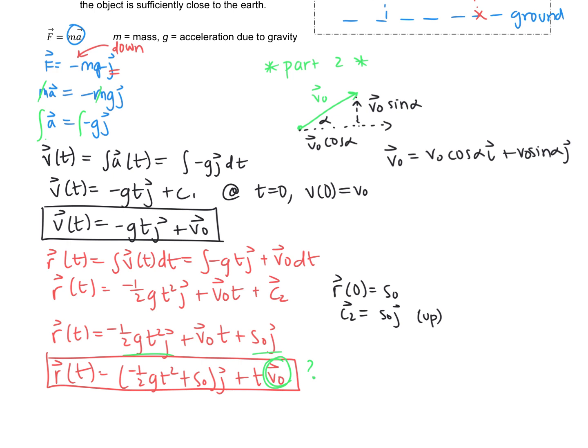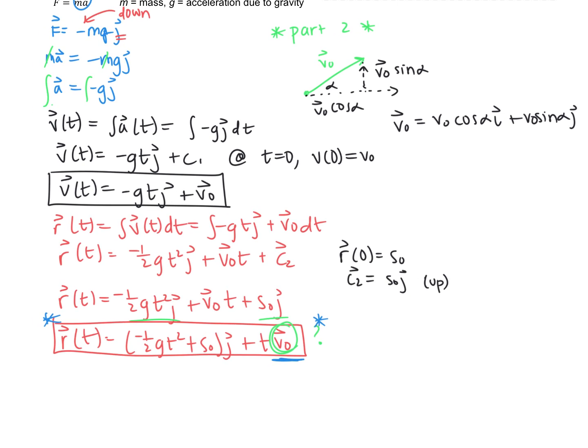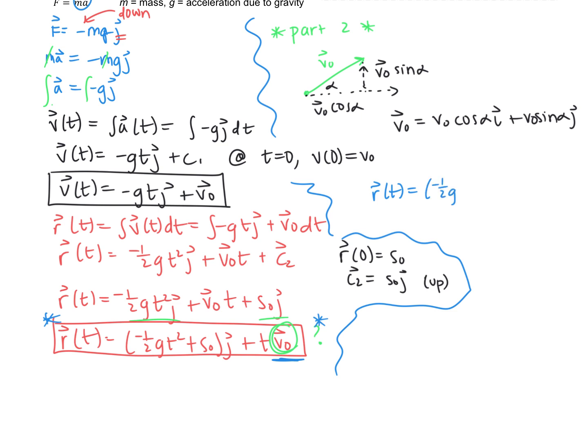So now we are going to return to this position vector valued function that we wrote before, and we are going to replace v naught. So I don't know that I gave myself enough room, but let's see how it goes. So this then becomes r of t equals, sorry, this is a little messy, negative 1/2 g t squared, add s sub naught j, add t multiplied by the vector valued function above.